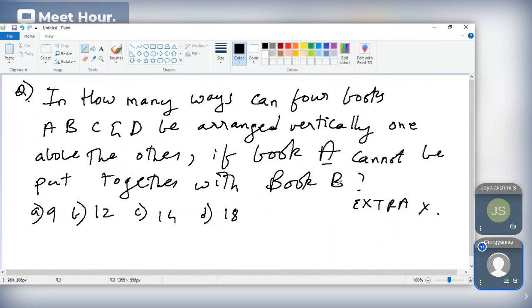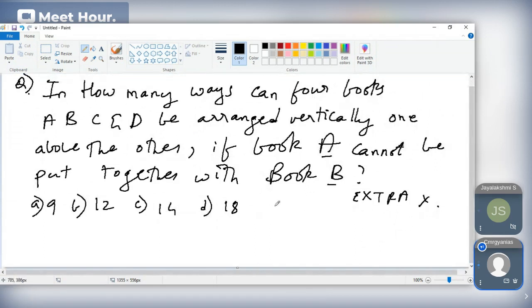Here books A and B must not be together. So first you find all books A, B, C, D arranged together, that is nothing but 4 factorial. Then you find A and B together.